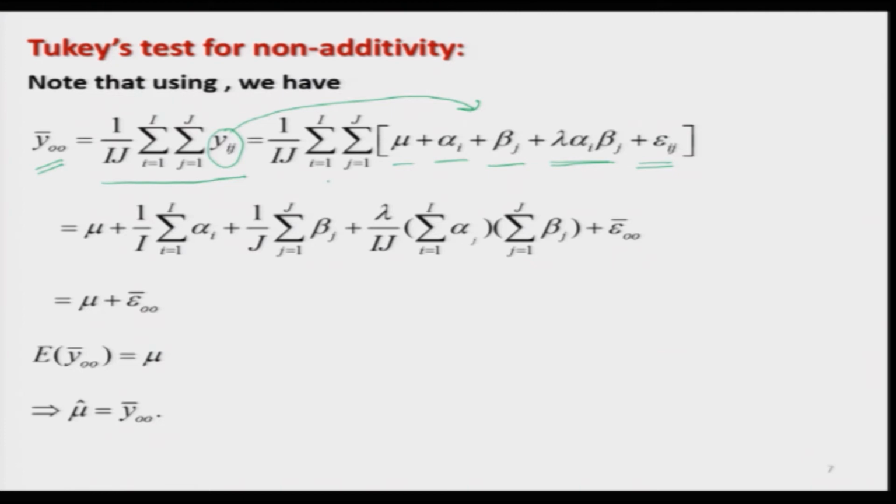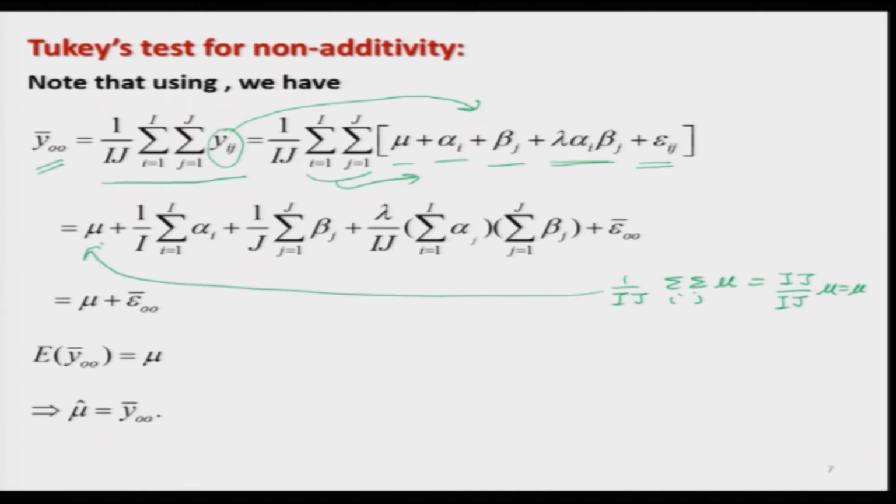Now, what you do? You bring this summation inside the brackets. So, now let us see what will happen. This will become 1 over IJ double summation over i, j of mu, and it will become I times J upon I times J into mu, and this will simply become mu.